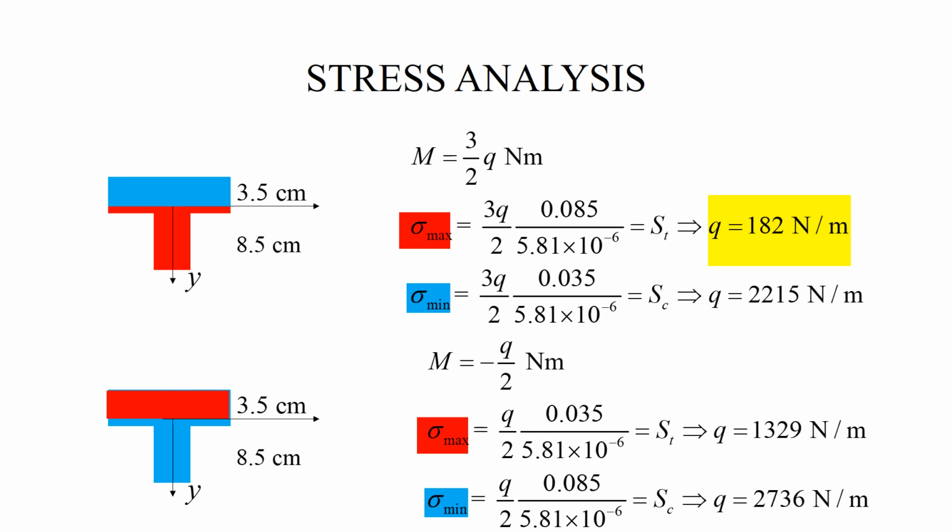In contrast, if I consider a rectangular metal beam where we don't have asymmetry in geometry and also we don't have significant difference in tension and compression, one stress calculation is good enough.